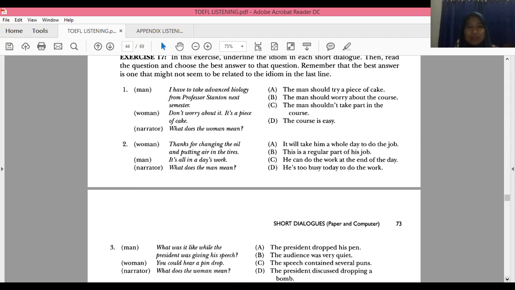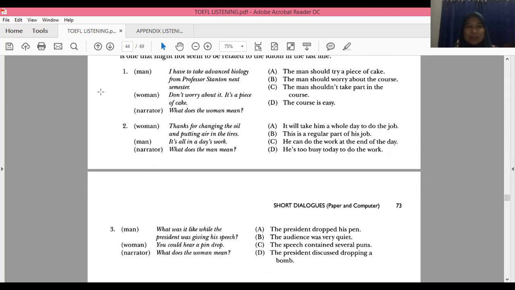Now, please, before we go to the exercise, let's have check exercise 17. Be careful with idioms. You do it first, number 1 until 3. How many minutes? 1.5 minutes.